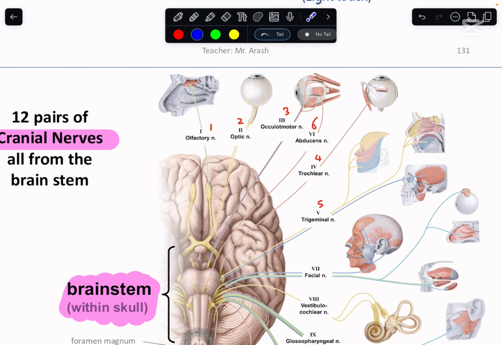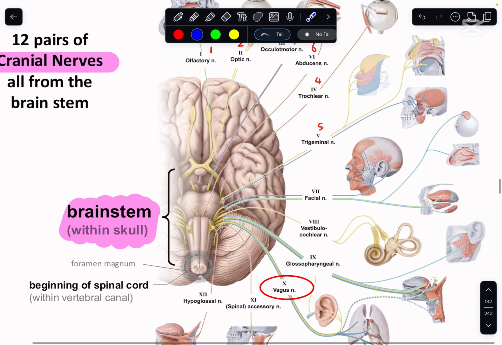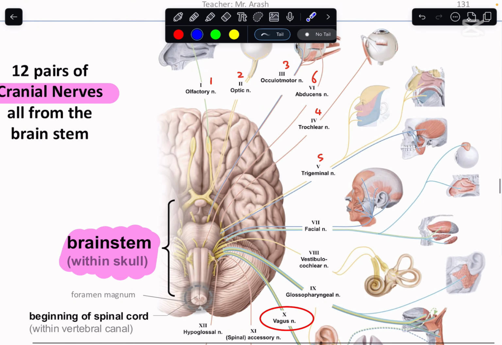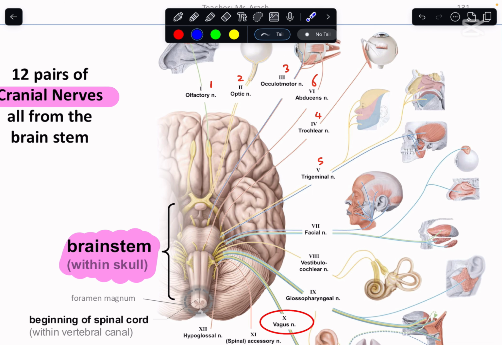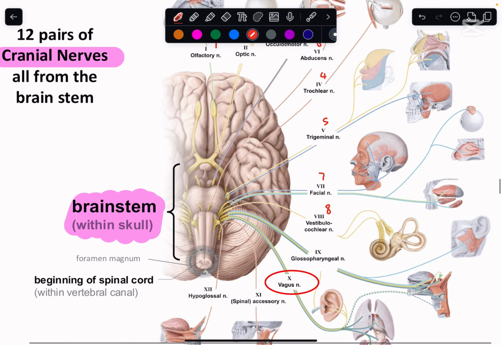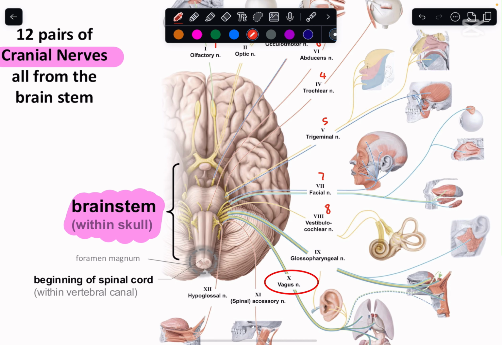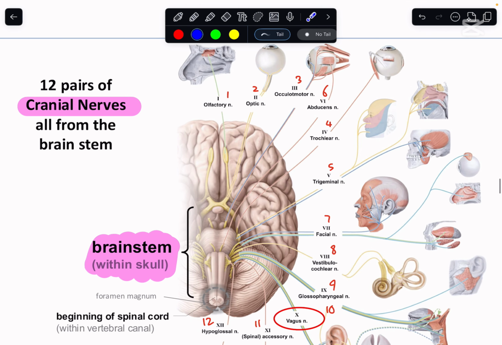So your eye actually gets 3 and 6. And then of course it keeps going. So 6, 7, right? VII is 7, VIII is 8, and so on. That's 9. This one is 10, 11, 12. So which ones do I want you to know?